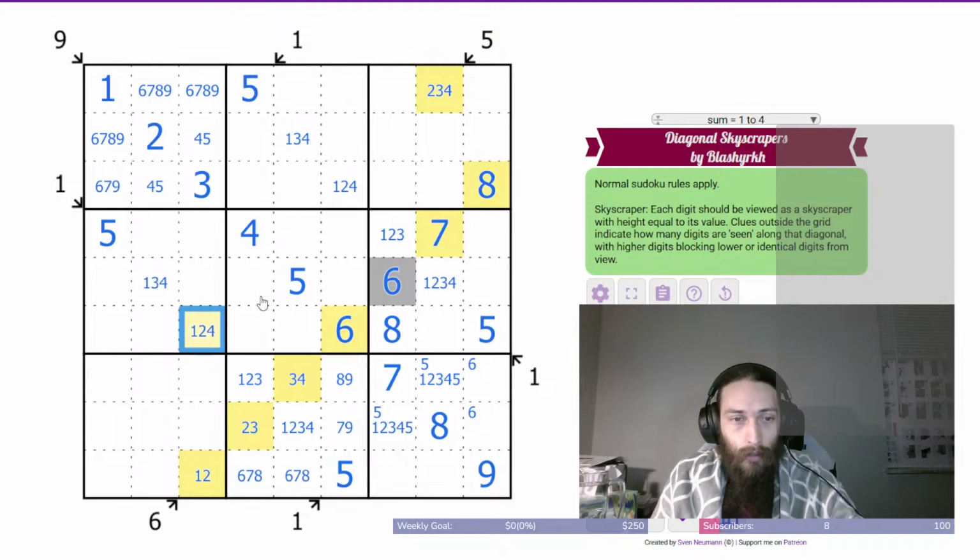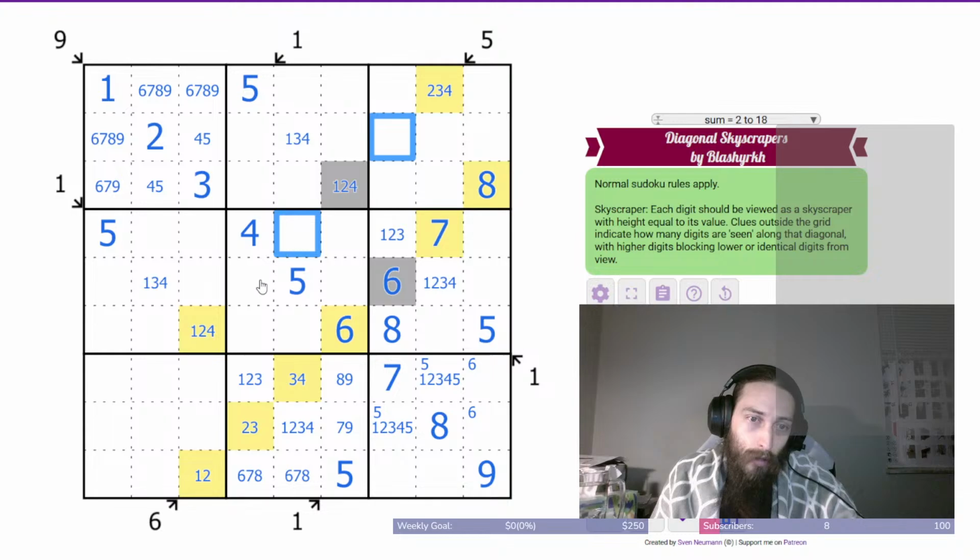If this was seen, which I don't think it can be, then this one couldn't be seen. And this is a 4, and let's say that's a 2. That means only one of these could be seen. As being a 3. And that would be all of my dark possible digits.